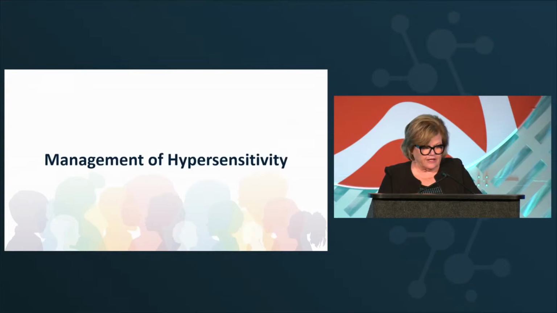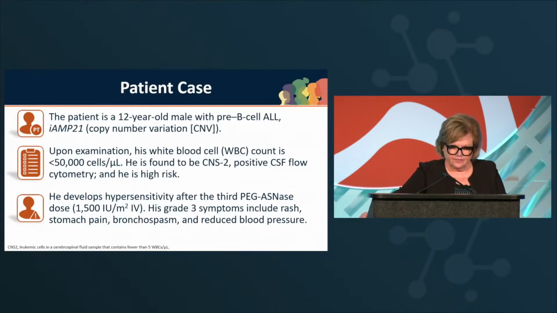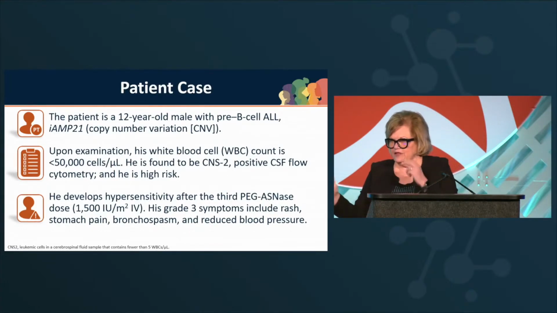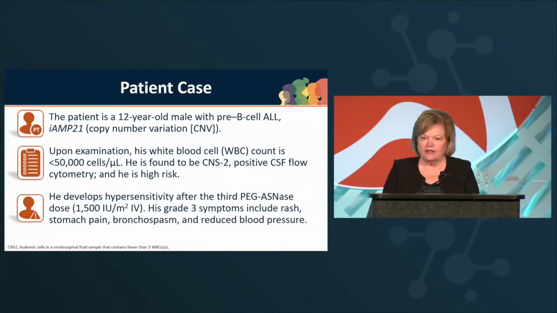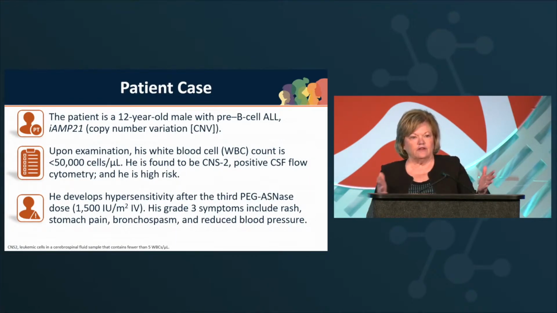So let's look at how we would treat a patient that has hypersensitivity. So we've got a 12-year-old male with pre-B ALL. They've got amplification of chromosome 21. And I remember those that have been in oncology for a long time, I can remember now, we would see in the karyotype of the leukemia cell, they would say trisomy 21 in the leukemia cell.